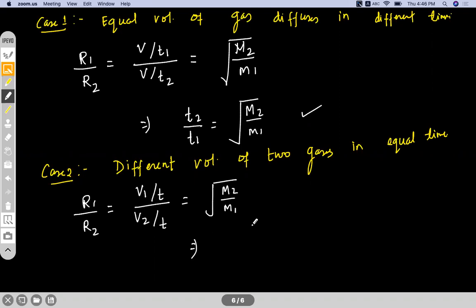This is equal to V1 by V2 is equal to root of M2 by M1. This is the relation.